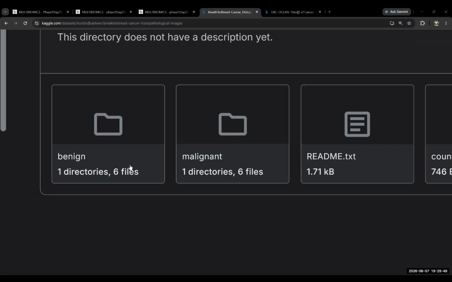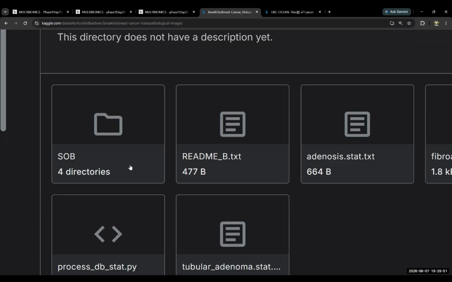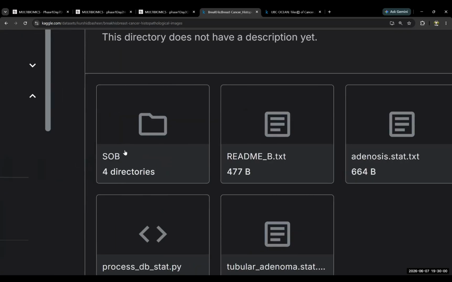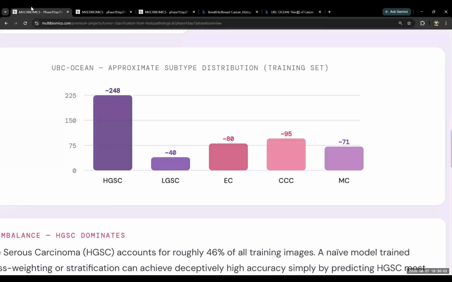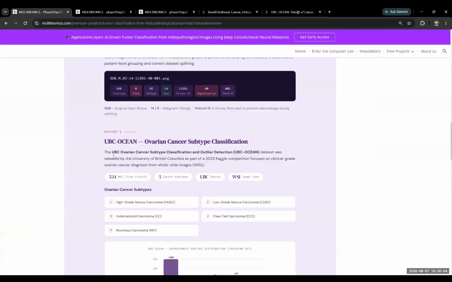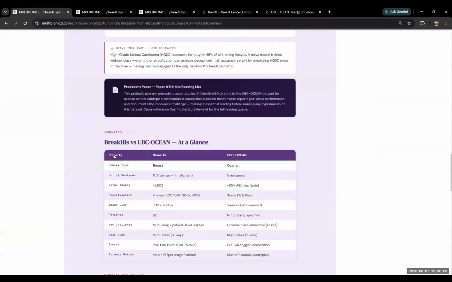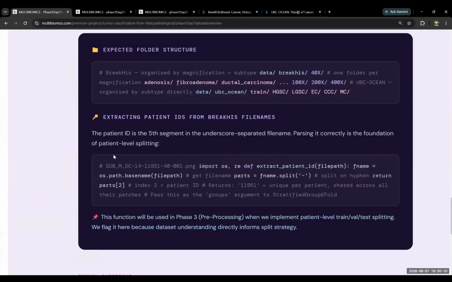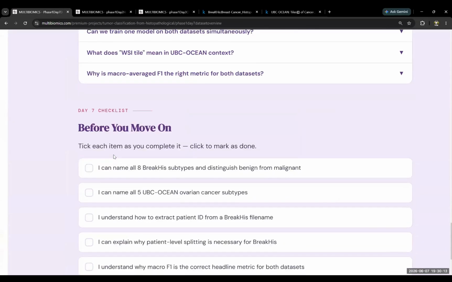Now when I open benign, under this I have the SOB folder. Since there is only one type of biopsy, this is a kind of biopsy, and the details of what kind of biopsy it is, we'll look into in detail on day 7.